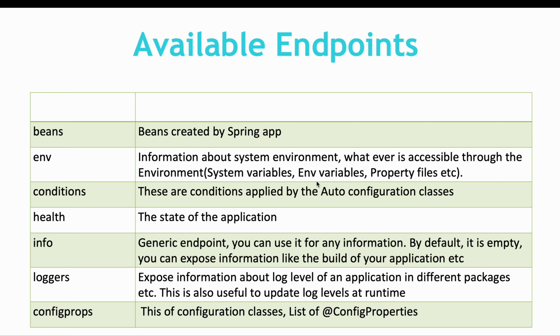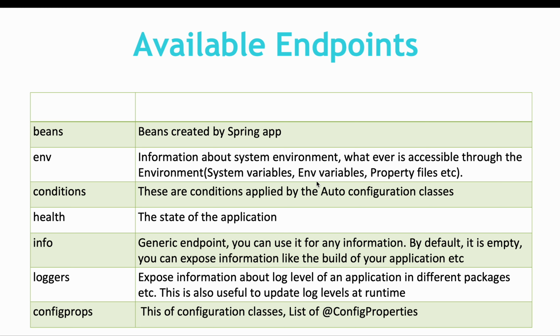Then you have the info endpoint, which is just a generic endpoint. You can use it for any information. By default, this endpoint is empty, it has nothing. So you can use it to expose information like the build of your application, what version your application is running, what Java version and stuff like that.